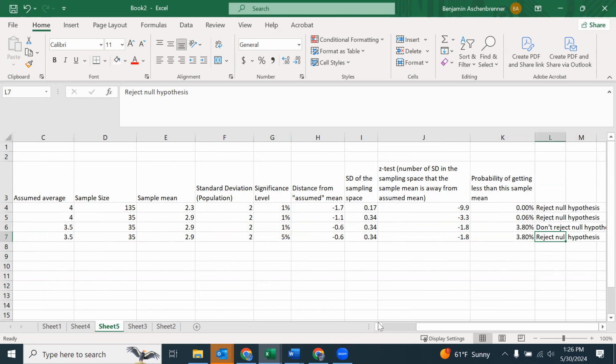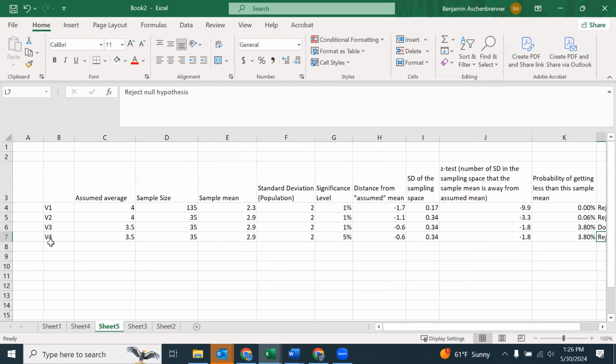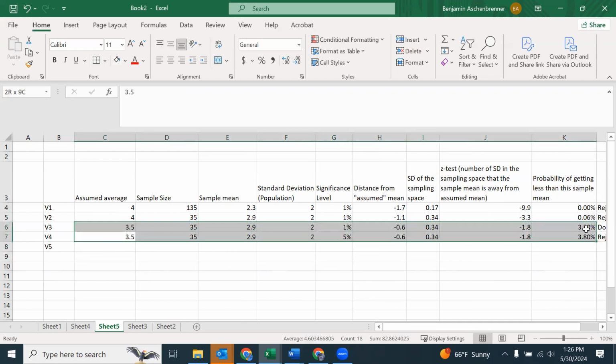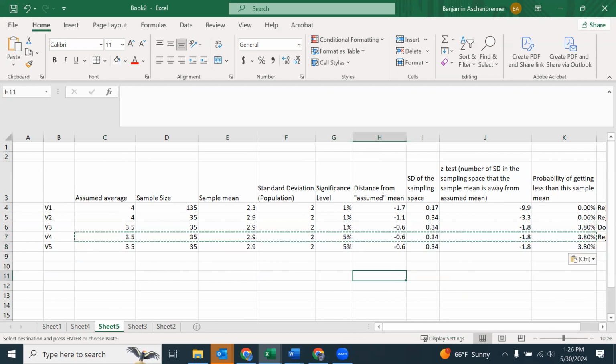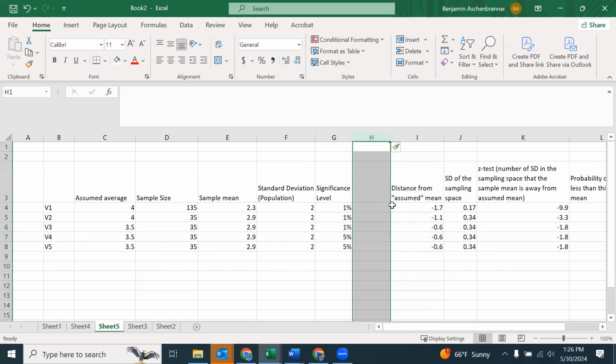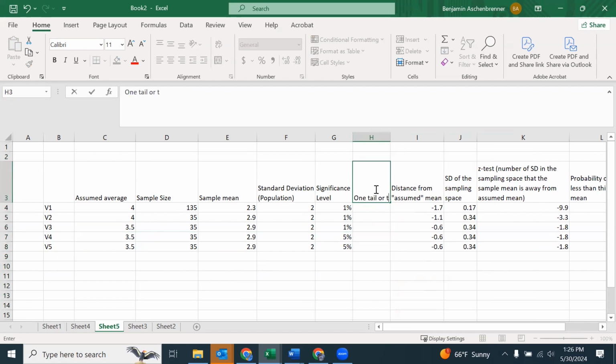Now, just to further blow your mind, if I had split this into two tails, done everything exactly the same, I'm going to add in another column here, one tail or two tail.